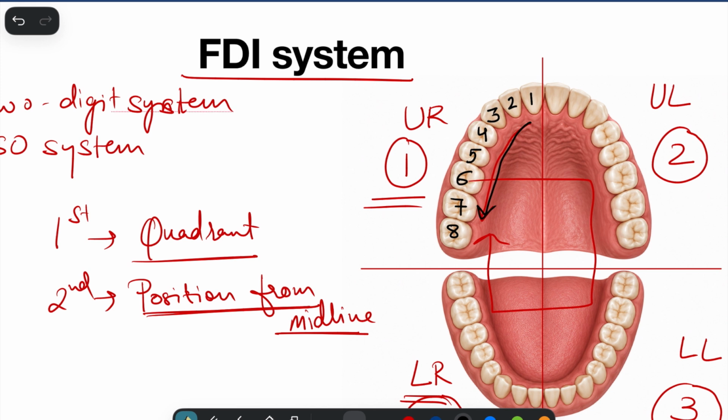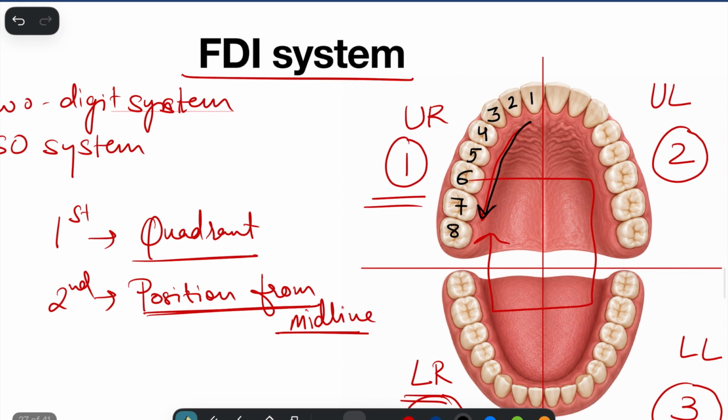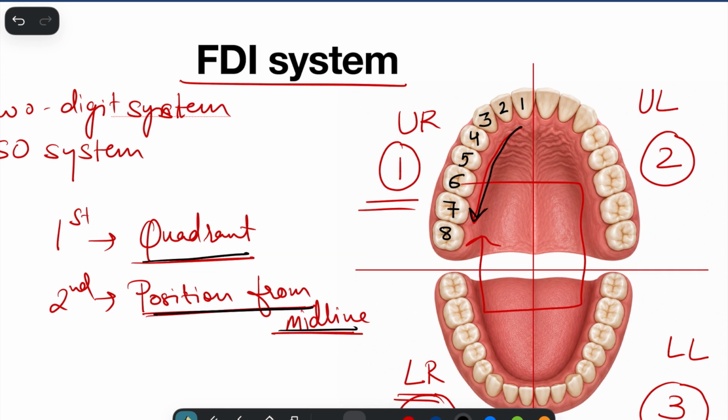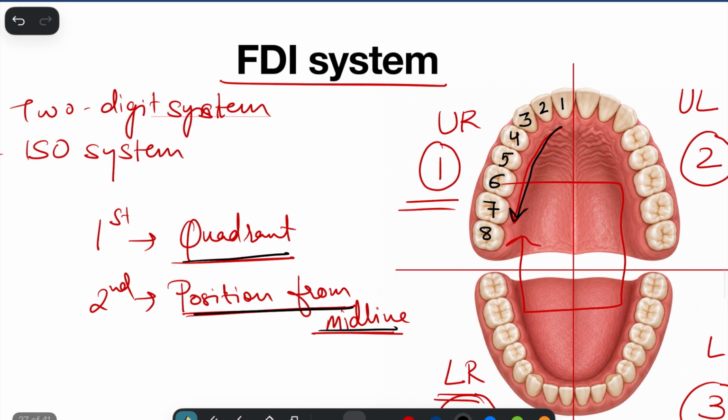Now let's put both the digits together. The first digit is the quadrant and the second digit is the position from the midline. Let's take some examples. I want to represent the maxillary right central incisor. It's an upper right side tooth, and it's a central incisor.